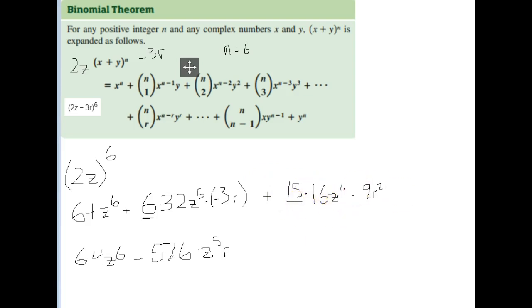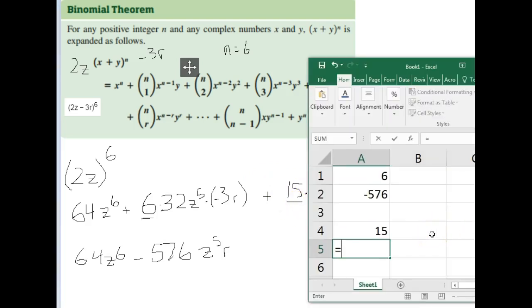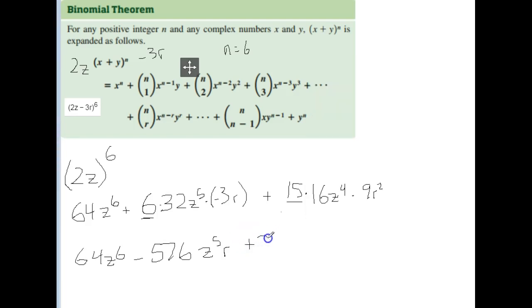But we have to do 15 times 16 times 9. And that's where you get 2160. And this one's positive. And you had z to the fourth, r squared. So that's how you're going to proceed here and get all these individual terms.